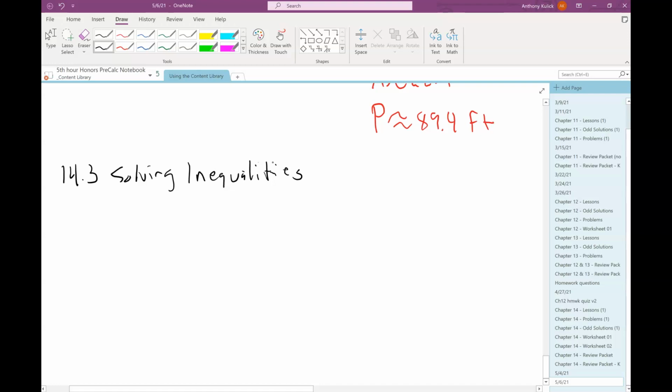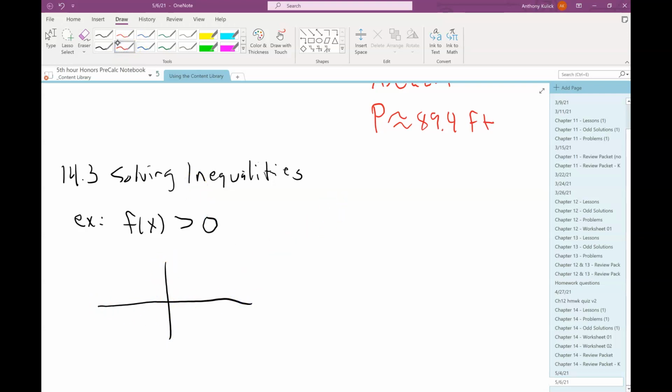So the idea here is if we have some function that's set greater than 0, maybe we have something, this might be our function, right?